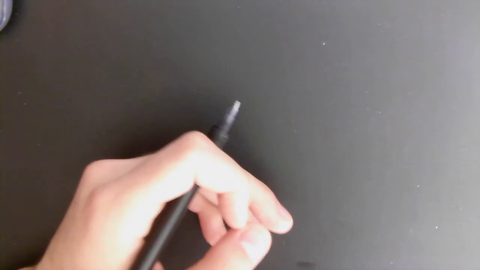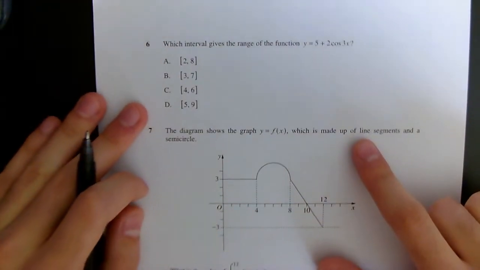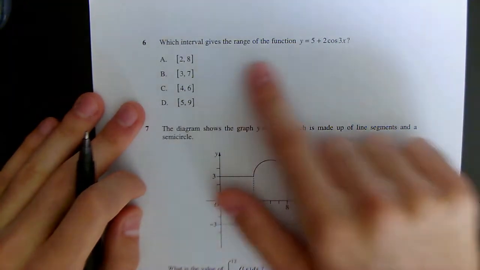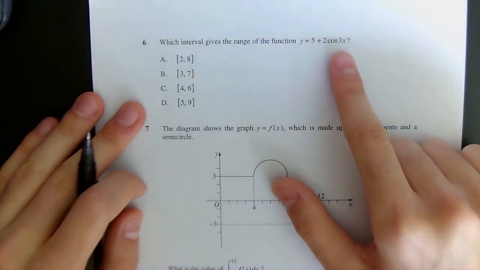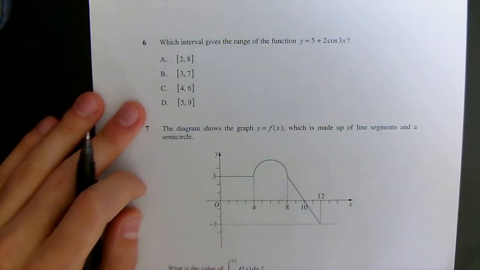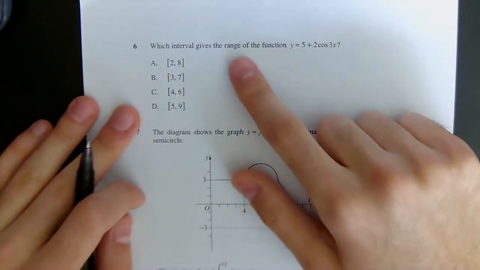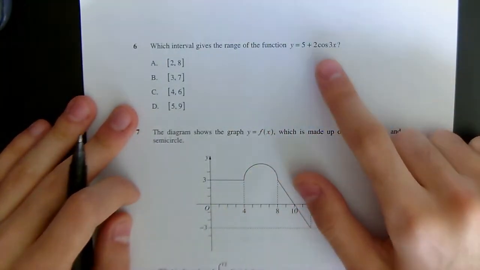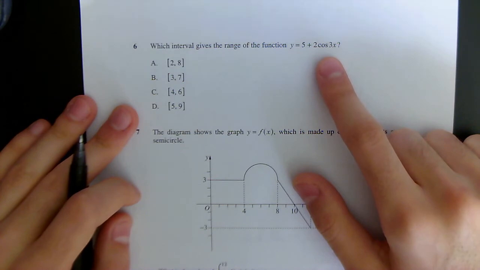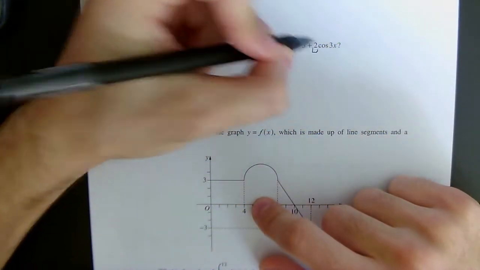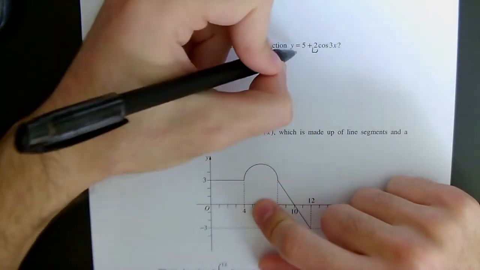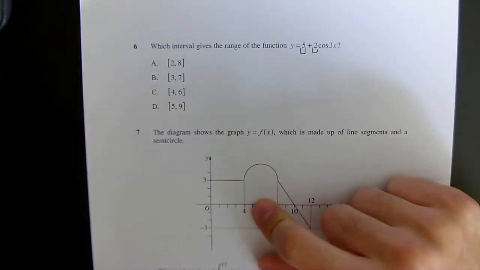Moving on to the next question, we have which interval gives the range of the function y equals 5 plus 2 cos 3x. So we know that range refers to the y values, and that this is a trig function with an amplitude of 2 and a vertical shift of 5.